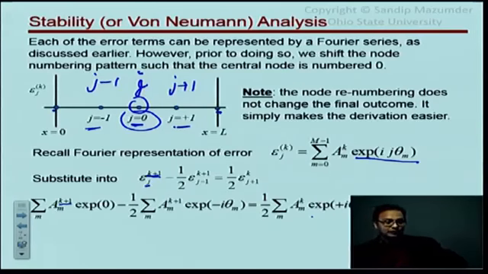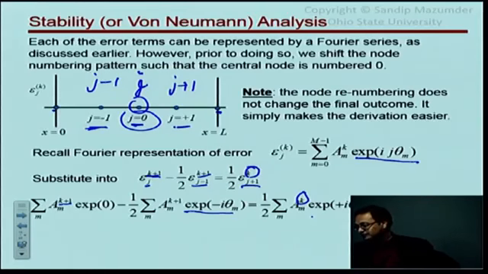Similarly here I have a minus half, again the amplitude has k plus 1, and the j minus 1 is replaced by j equal to minus 1, which gives me e to the power minus i theta. Then on the other side I have amplitude k, because this is epsilon at k, and the j plus 1 gives me e to the power plus i theta.